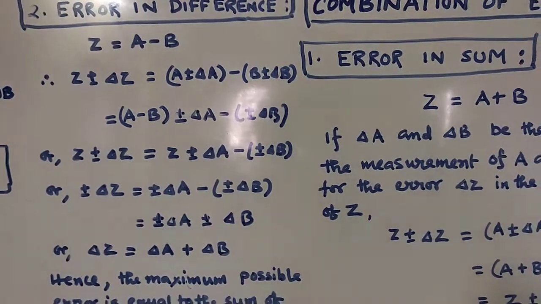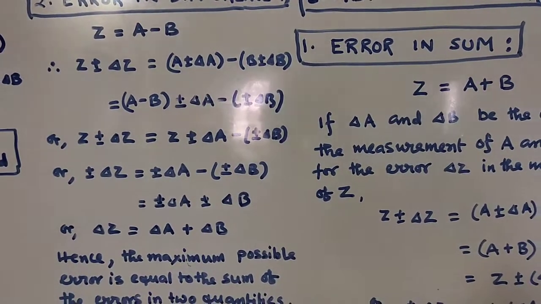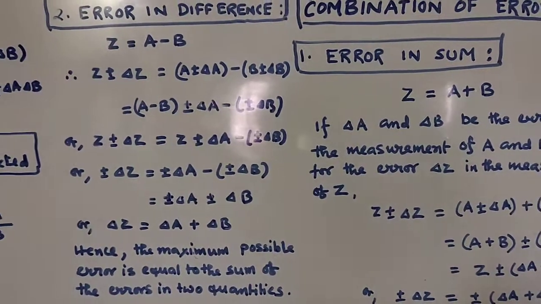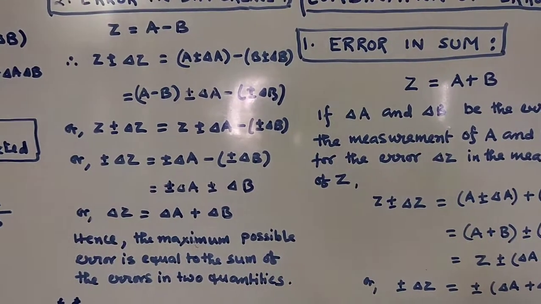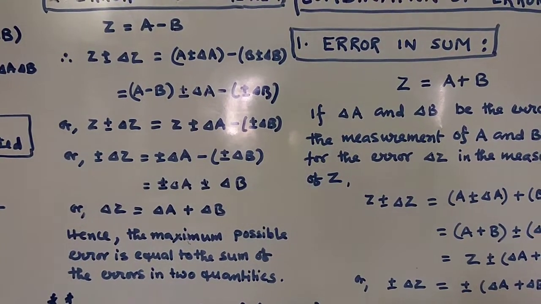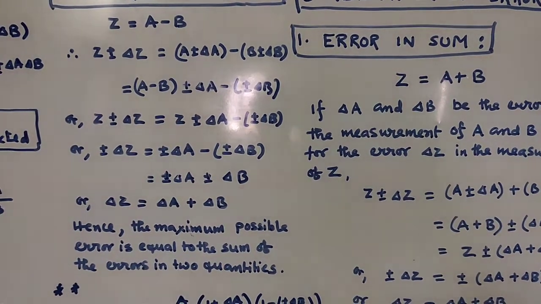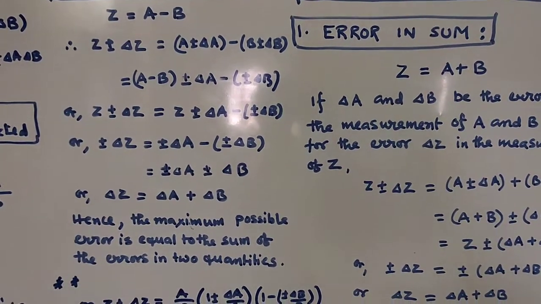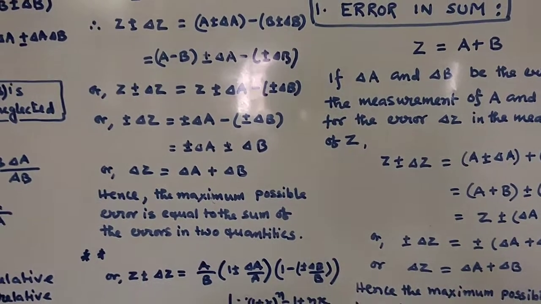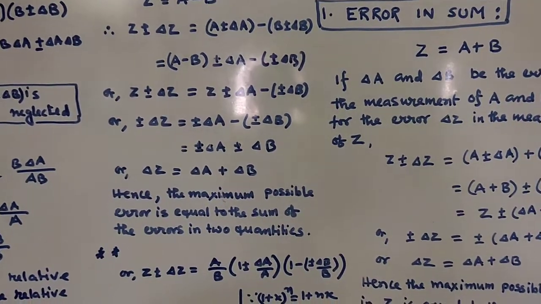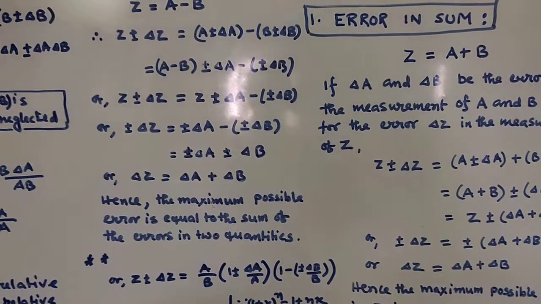This is a very simplified form, I think most of you know. So a minus b is again z, so z plus minus delta a minus plus minus delta b. So z goes off, plus minus delta z equals plus minus delta a minus plus minus delta b. So minus plus minus is nothing but plus minus again. So plus minus delta a plus minus delta b.